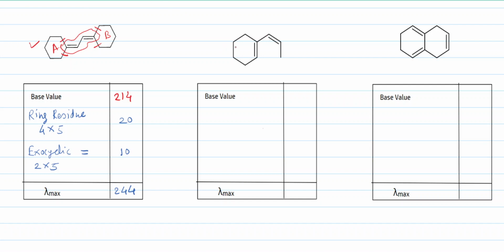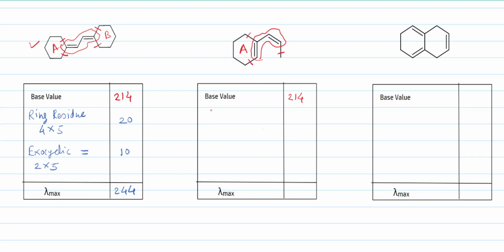Then the next compound, this is ring A. Now it is a semi-cyclic diene system, because one double bond is present inside the ring and one outside the ring. Now for semi-cyclic, again the value is 214 nanometer. Now here it is one alkyl substituent and these two are ring residue.